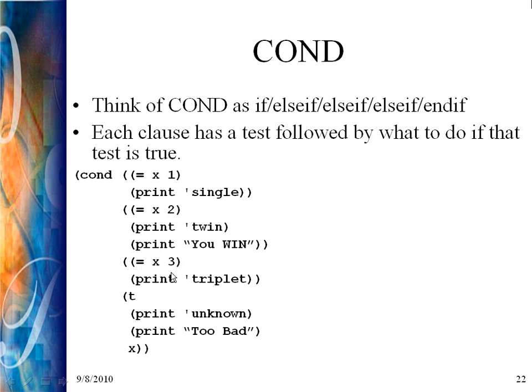It evaluates that form. Of course, it comes out to t, and therefore the form passes. So this last one is a catch-all form, which will always be true if all the previous ones fail. And so it will then print unknown, print too bad, and return the value of x.